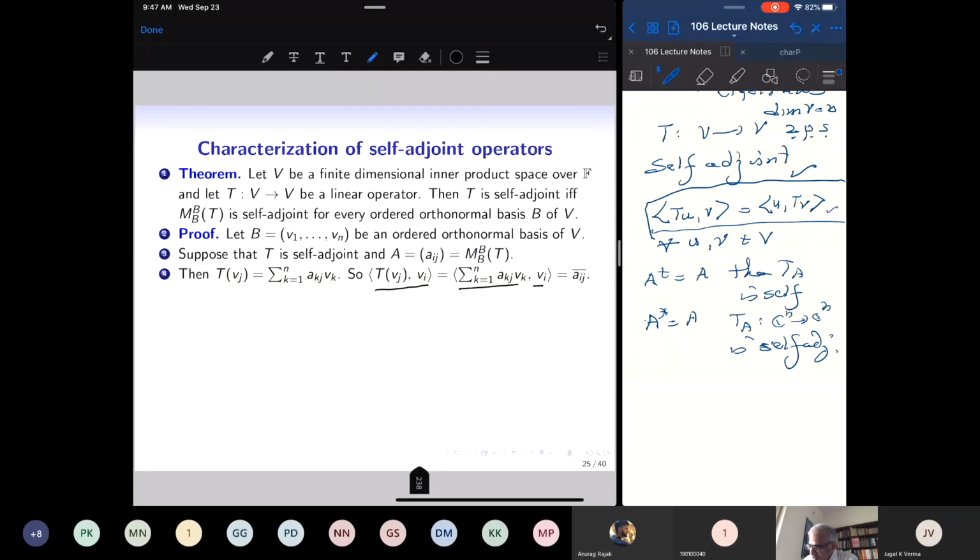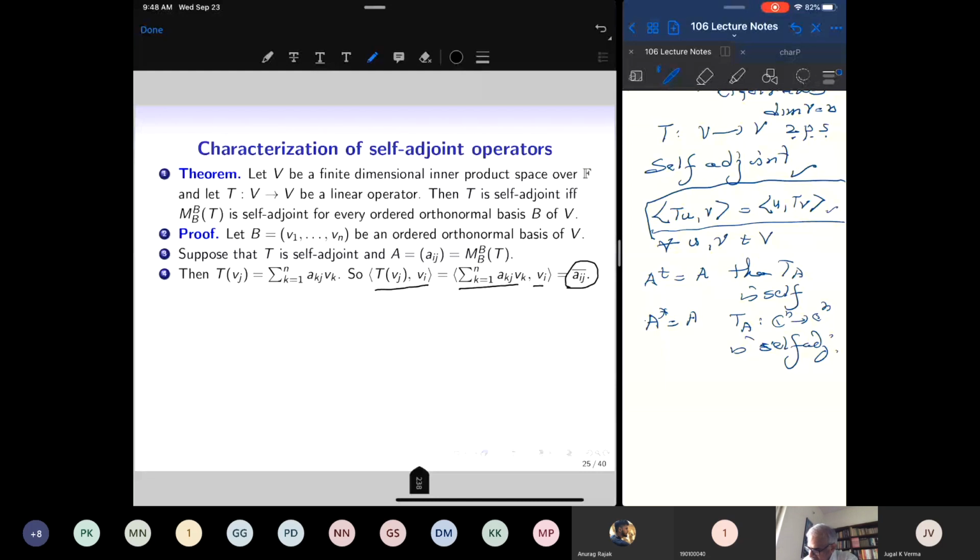If I take the inner product of Vi with Vi, I will get the number 1, because my basis is an orthonormal basis. The vectors have unit length and are mutually perpendicular. So this inner product TVj, Vi is aij bar, because the inner product of Vi with Vk is going to be 0 if k is not equal to i, and it is going to be 1 if k equals i. But when I put k equal to i, akj becomes aij.